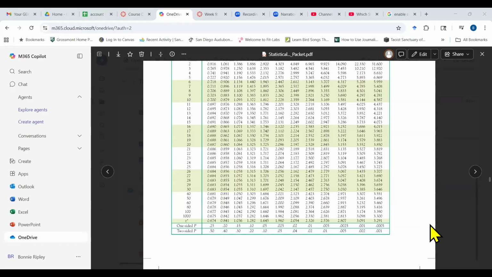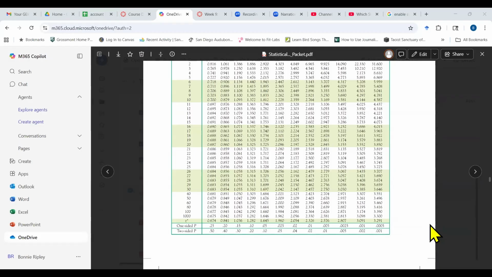When we're looking at which direction the p-values go, because our value of t is bigger, it means that our value of p is going to be smaller. So between our values of t and our value of p, we're going to flip the direction of the greater than, less than sign. So our p is going to be less than 0.0005.